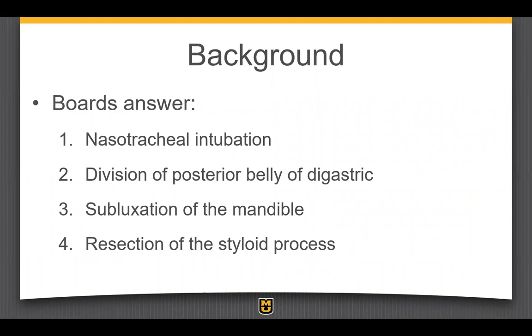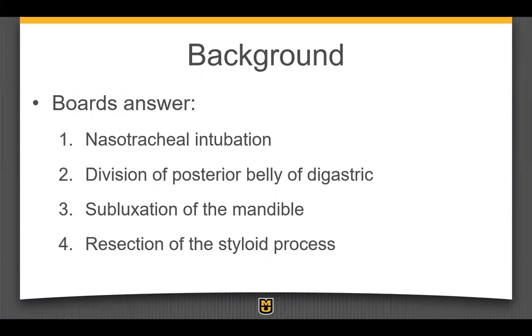So for the boards, generally, if you are to answer this question of how to gain acceptable distal carotid exposure, there are four answers that I would go through. The first is obviously nasotracheal intubation. This gains you about 1 centimeter of additional space, as the mouth isn't stented open, and it's easier to mobilize up by the angle of the mandible.